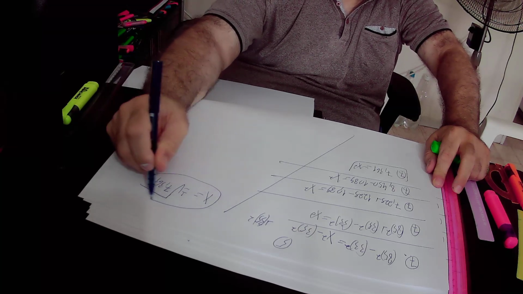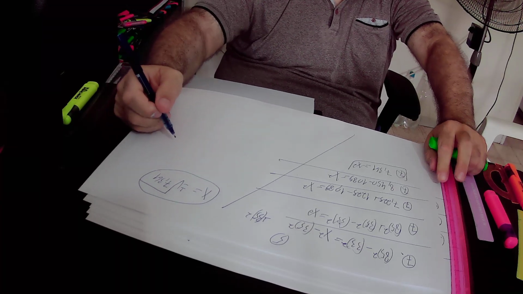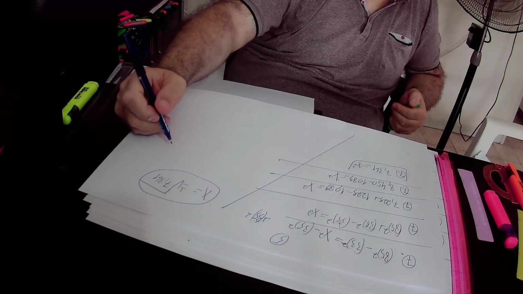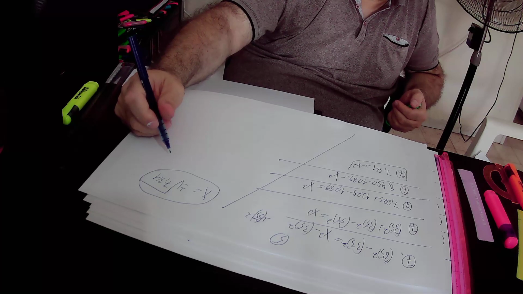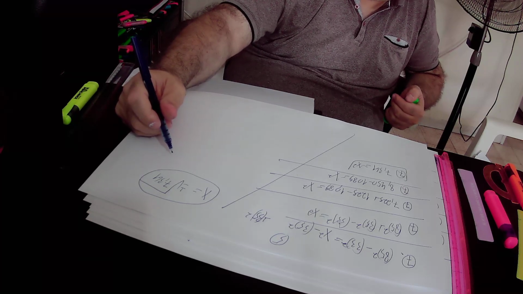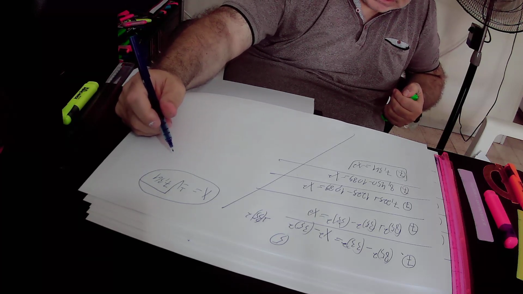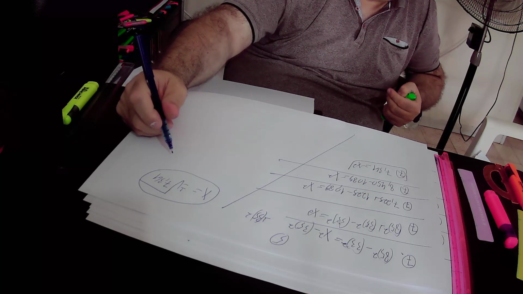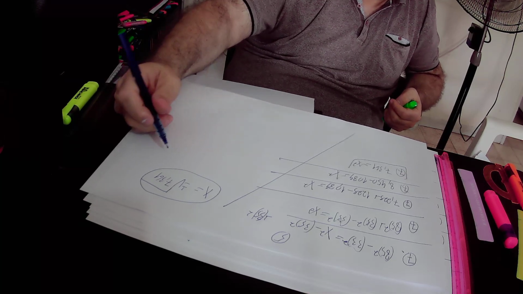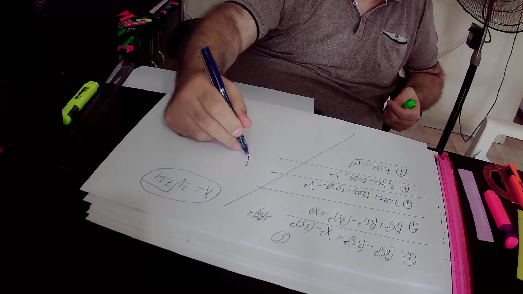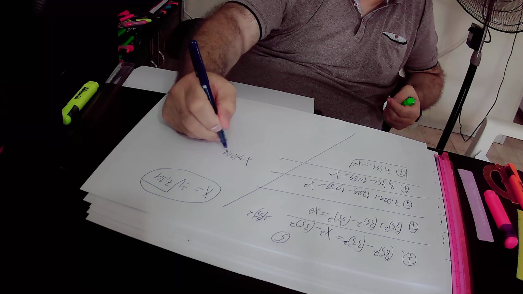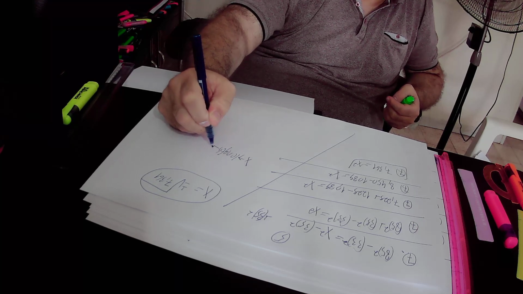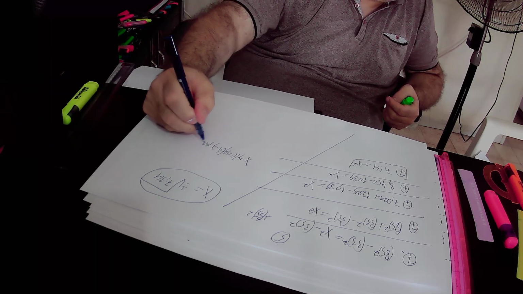So here we have two solutions for x. The first solution is the positive square root of 7,361, and the second solution is the negative square root of 7,361. But because of the fact that x is a length, it must be a positive number.